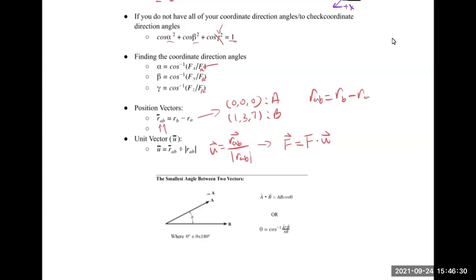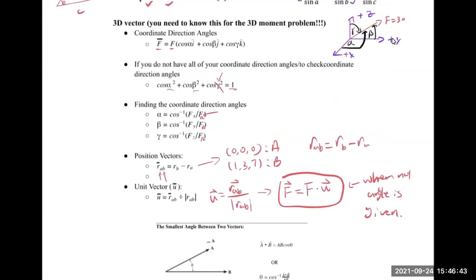You only do that when no angle is given. When the angle is given, simply use the coordinate direction angles.